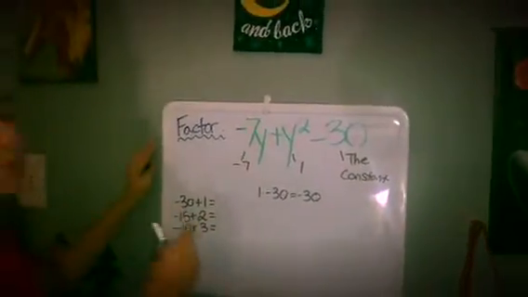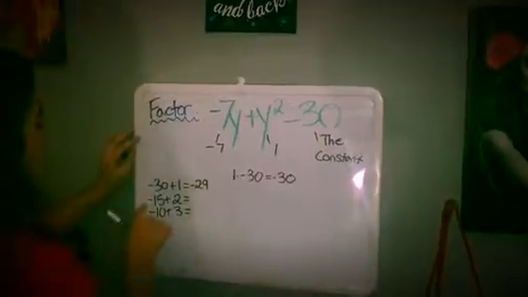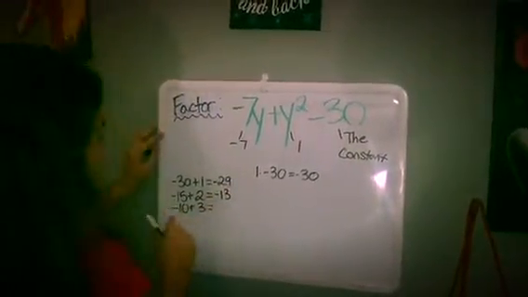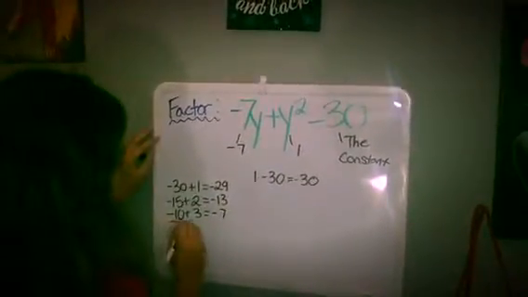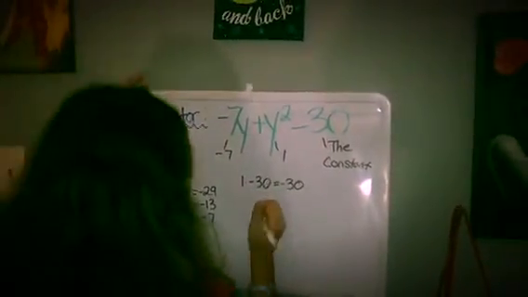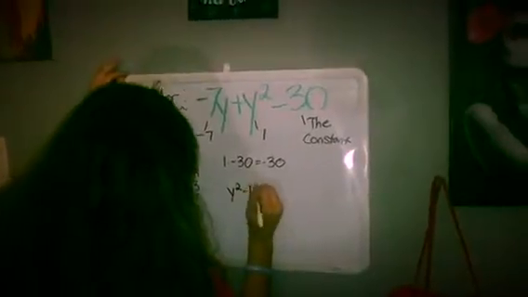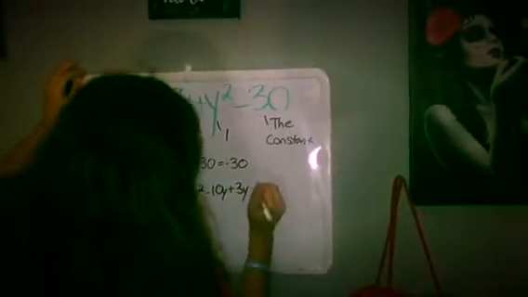Negative 30 plus 1 equals negative 29. Negative 15 plus 2 is negative 13. Negative 10 plus 3 is negative 7, which is the answer we need. So we plug it in, so it'll be y squared minus 10y plus 3y minus 30.